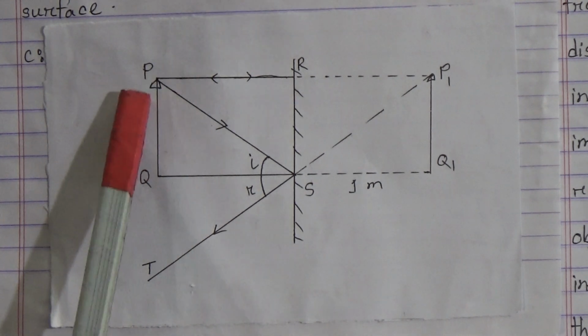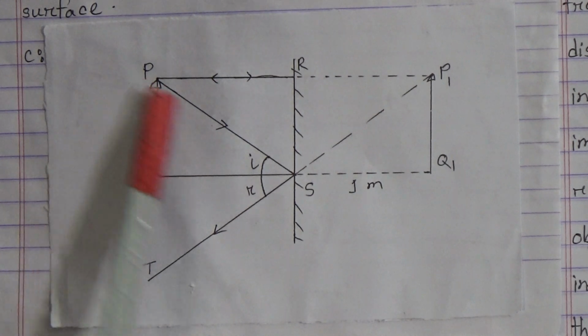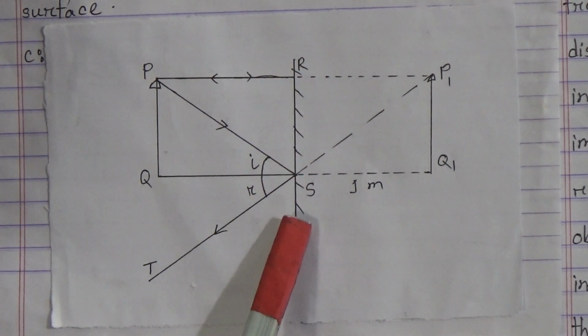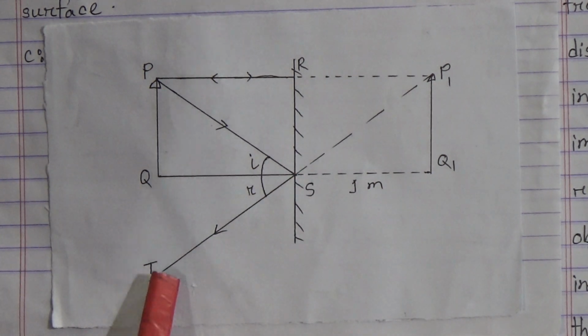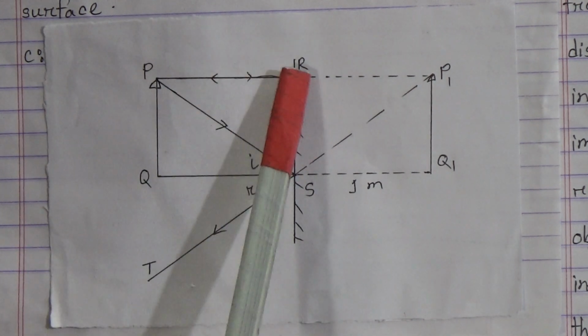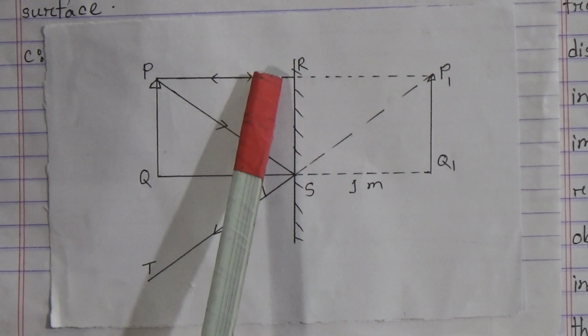At first see the light coming from point P to point S on the mirror, and then after reflection it will go along ST. Another light coming from point P falls on the mirror, and then it reflects. After reflection it will go to the same path.